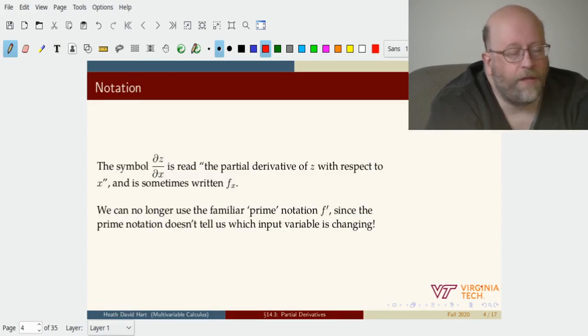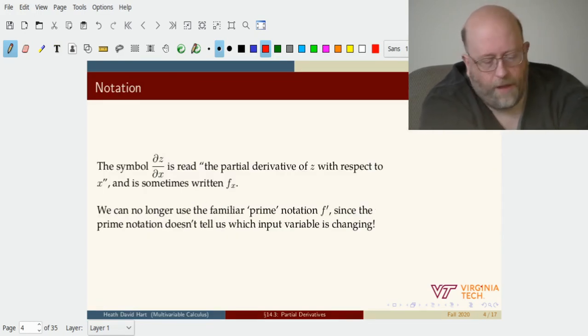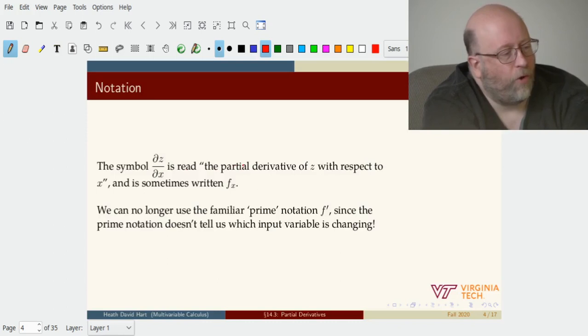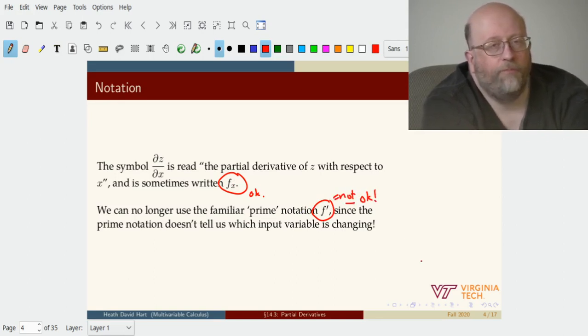I want to say one more thing about the notation. When you see this symbol, it's pronounced a partial derivative of z with respect to x. And sometimes when we're short on vertical space, we just write it with the f for the function with a little x. This is okay. Prime is no longer okay, because prime doesn't tell us which input variable to use.